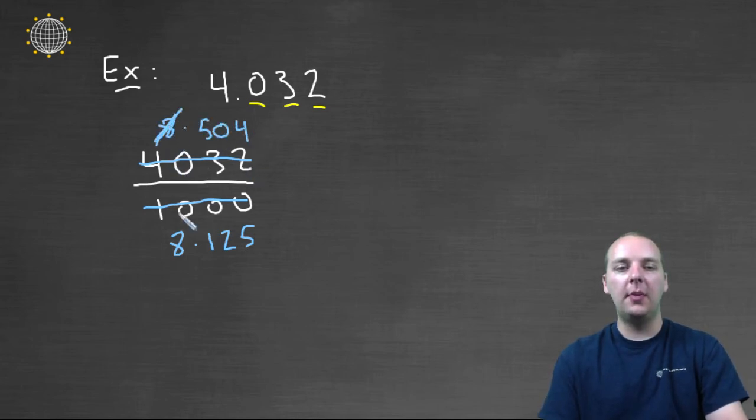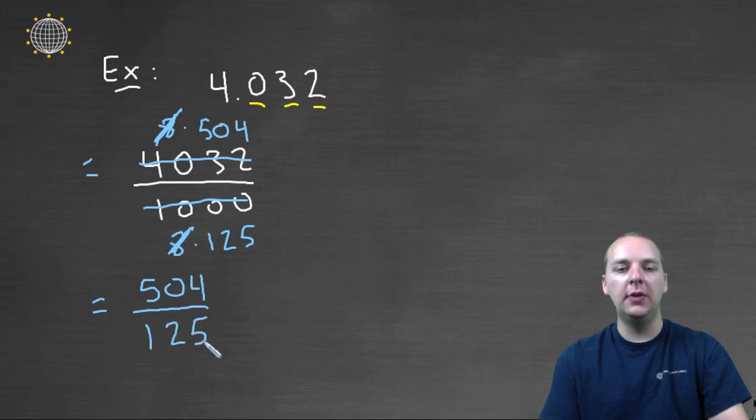So we cancel our common factor of 8, and we reduce this down to 504 divided by 125. And you can check me on this, but 504 and 125 do not have any factors in common with one another, so that's about as far as you can take it. So we've taken this decimal and we've expressed it as a fraction.